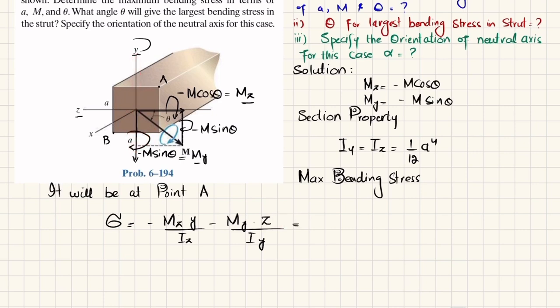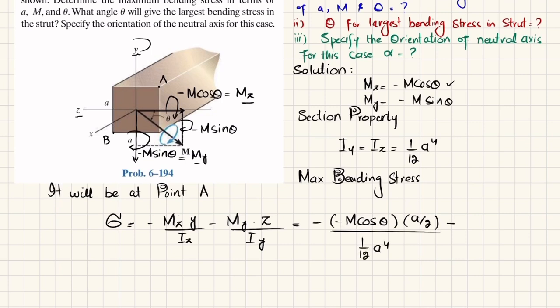Now we'll expand this. So we will write minus Mz, which is minus M cos theta. What is y? Since point A is in the positive direction of y, and the total distance is a, this will be equal to a by 2, divided by Iz, which is 1 over 12 a power 4.